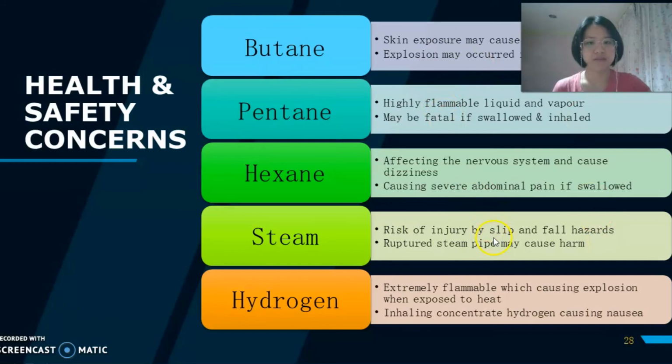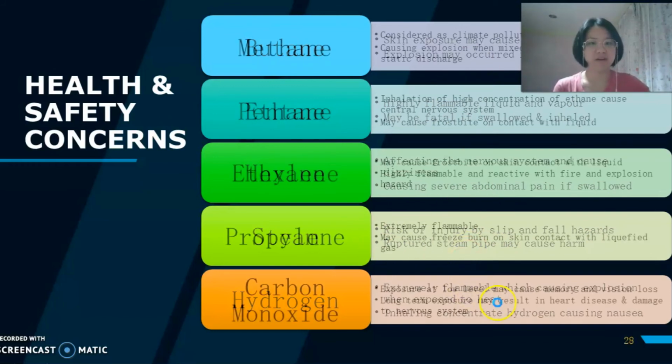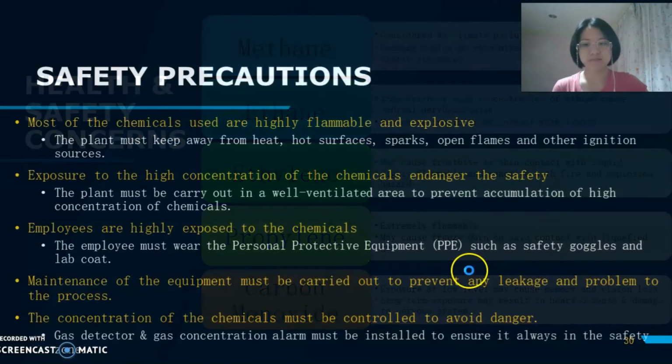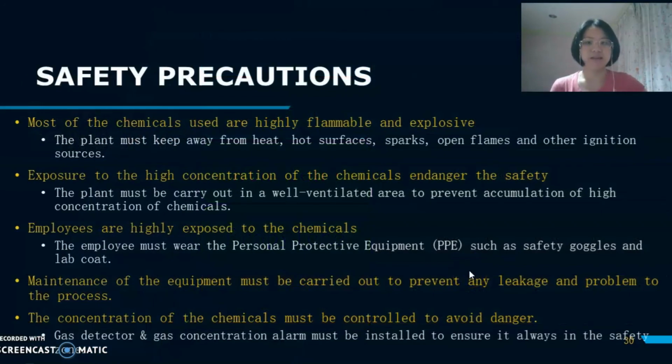We can see from here: highly flammable, risk of injury, extremely flammable, and considered a climate pollutant. High concentration of ethane can affect the central nervous system. We can conclude that most of the chemicals are highly flammable and explosive, and exposure to high concentrations of the chemicals endangers safety.